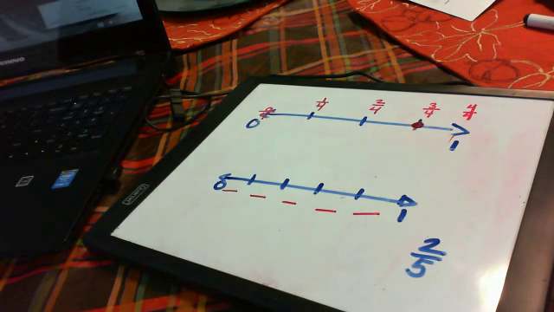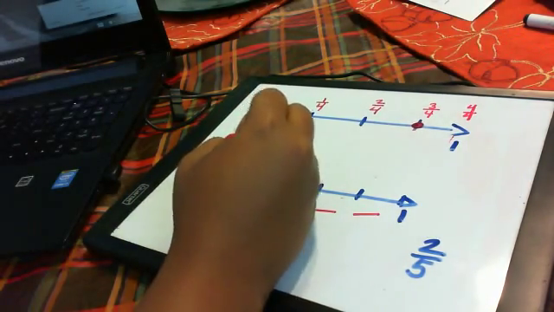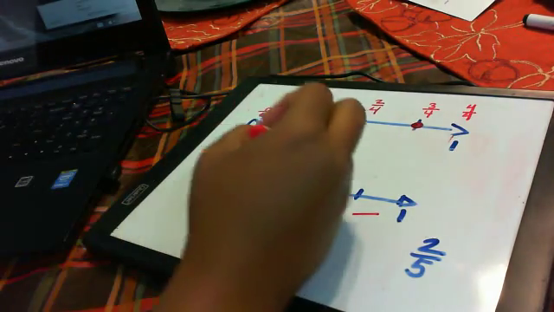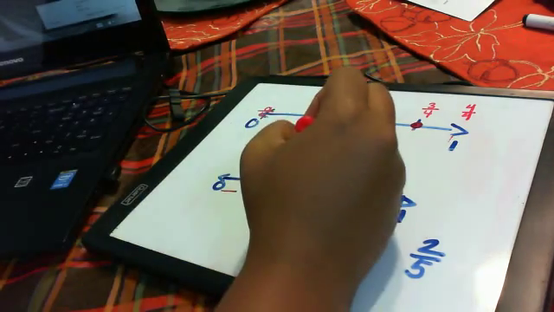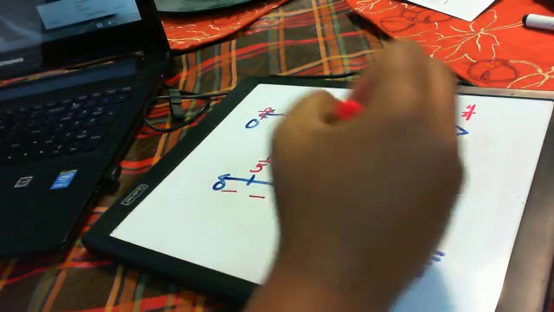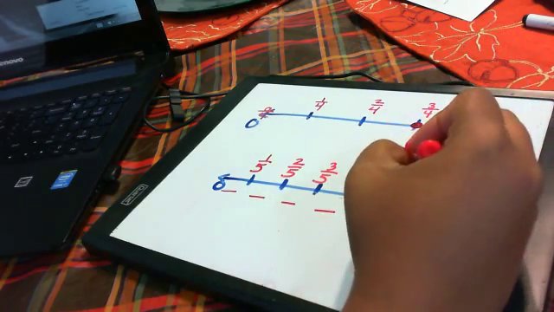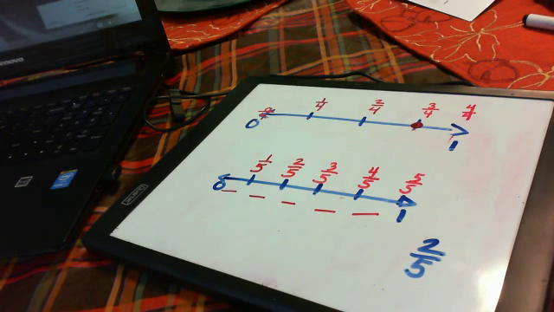So now let's label our segments. So I know I have 1 part of 5 parts right here, 2 of 5 parts, 3 of 5 parts, 4 of 5 parts. And then our last one is 5 of 5 parts. But since our numerator and our denominator are the same, we know that that's going to be equal to 1.